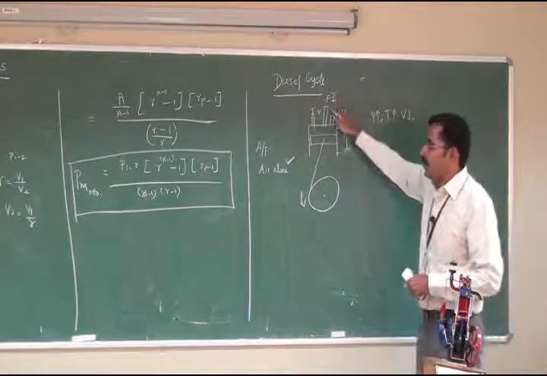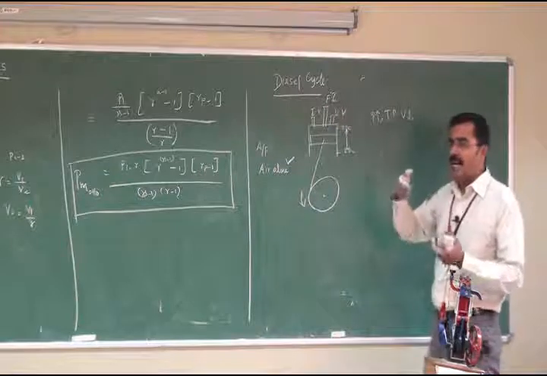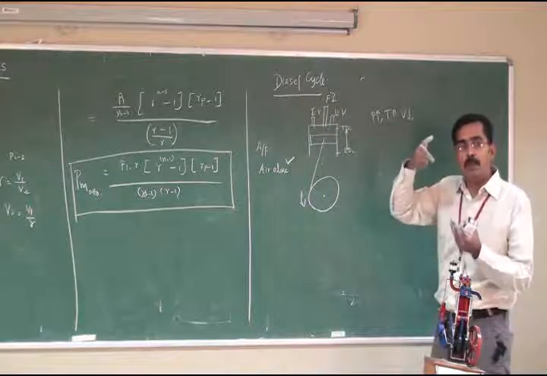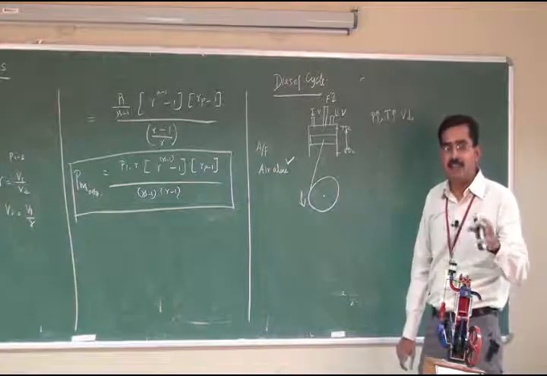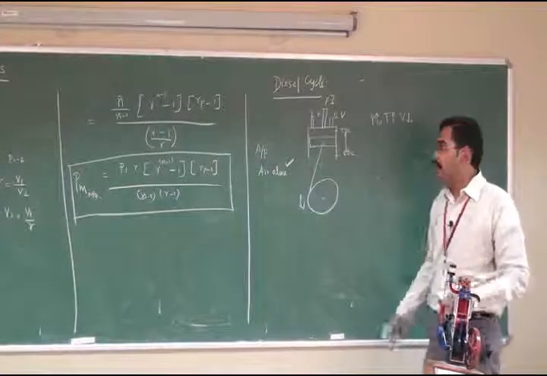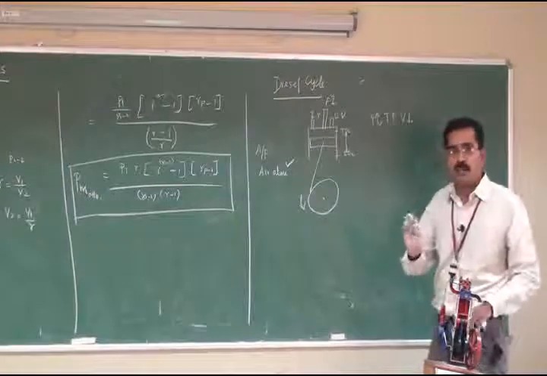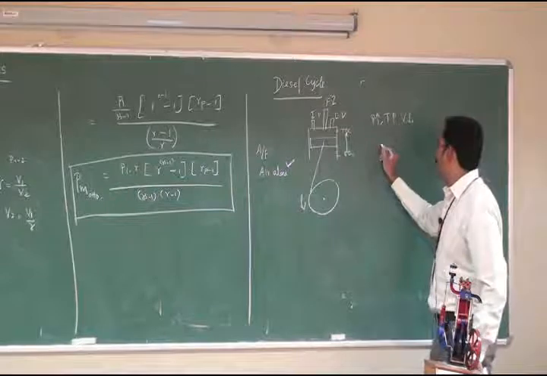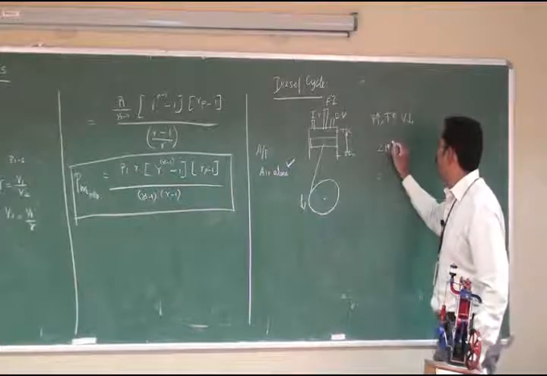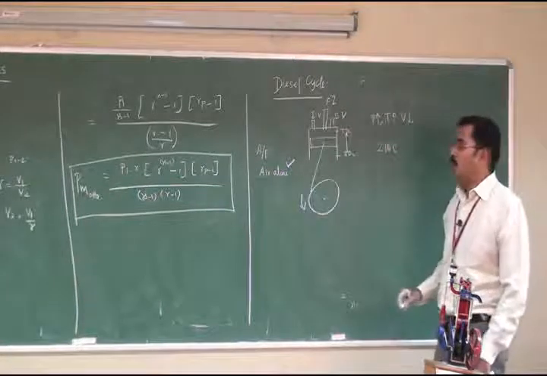That is, the diesel is supplied at high pressure on the high pressure and high temperature air which is available in the clearance volume. At that time, the combustion process is initiated. We are not producing any spark. Automatically, the combustion process is initiated. How? The self-ignition temperature of diesel is 210 degrees Celsius.